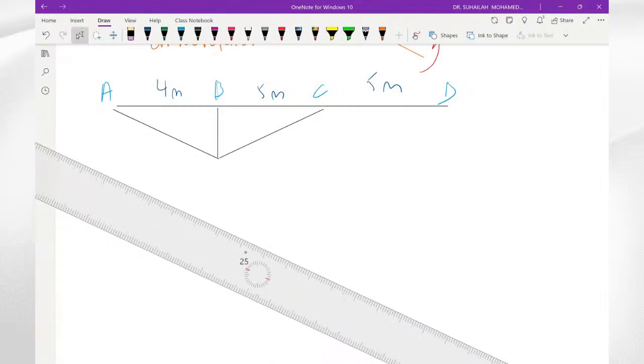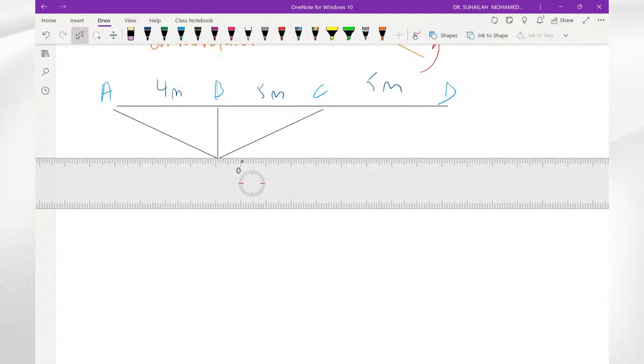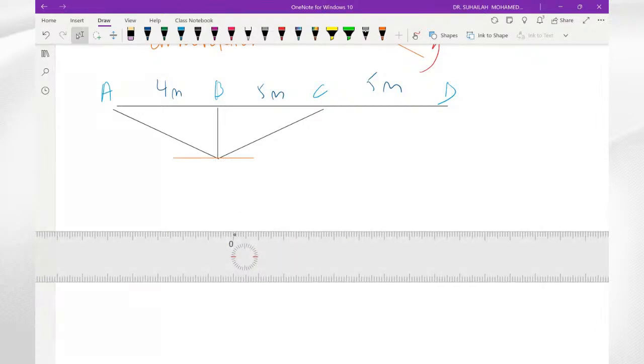So what we should do is put another horizontal line at B prime position. This is to show the beam position, the original position or reference line. So we should measure the chord rotation and identify the angle for AB.